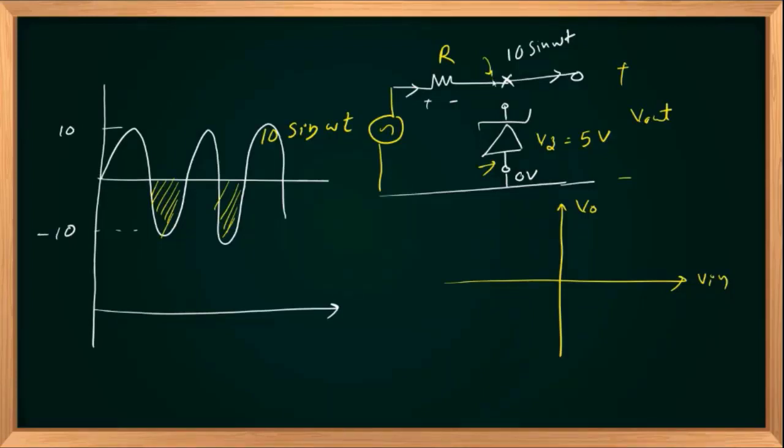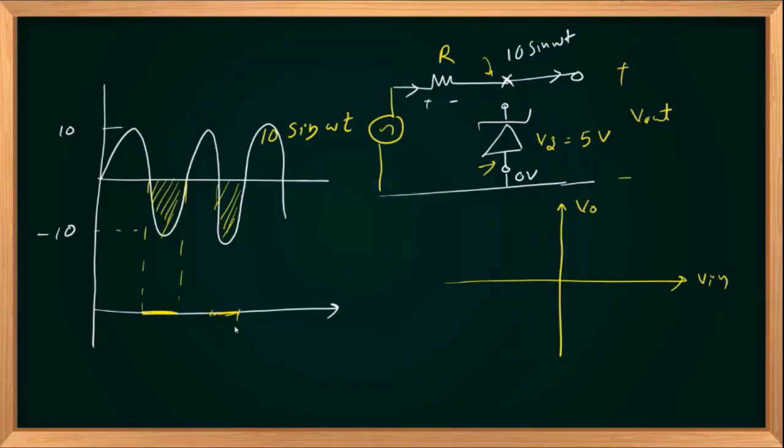The diode acts as a short circuit, so the output will be 0 because nothing is visible at the output. Acting as a short circuit, V out equals 0. In all negative cycles, V out will be equal to 0. Why is it 0?